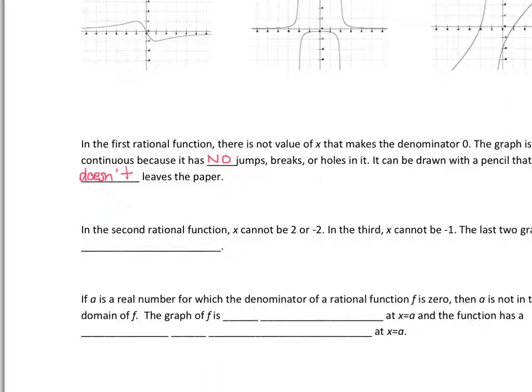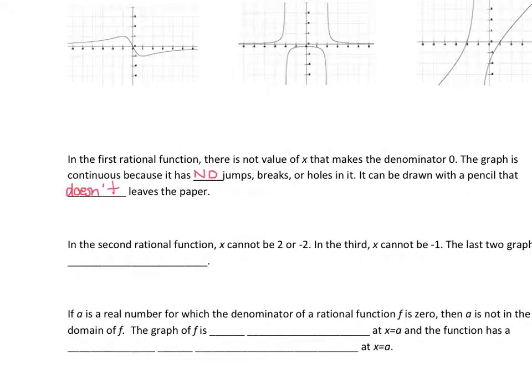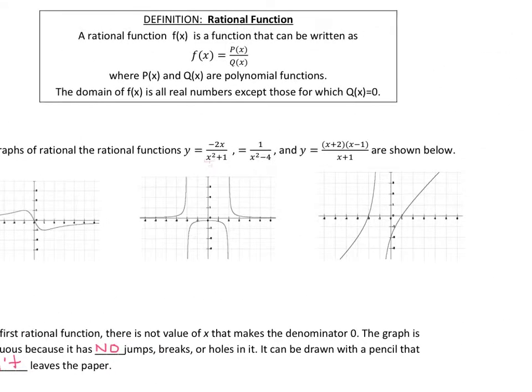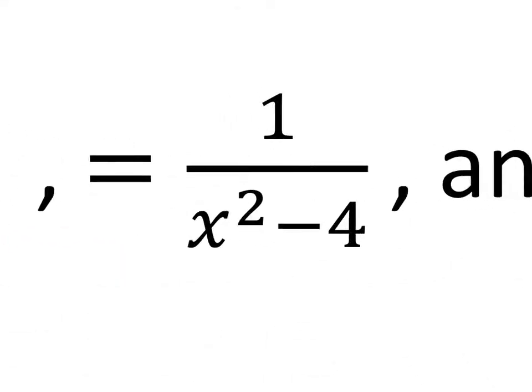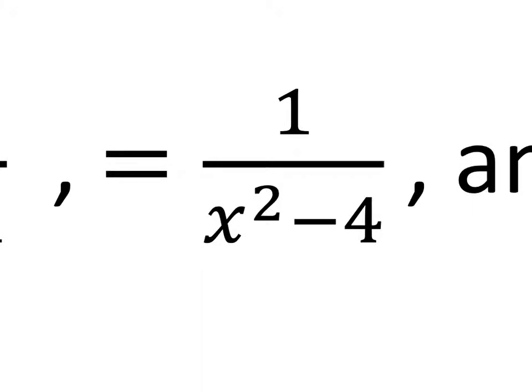Now, in the second function, x cannot be 2 or negative 2. Because if we plug those in and square them, they equal 4, and 4 minus 4 is 0. So x can't be 2 or negative 2.